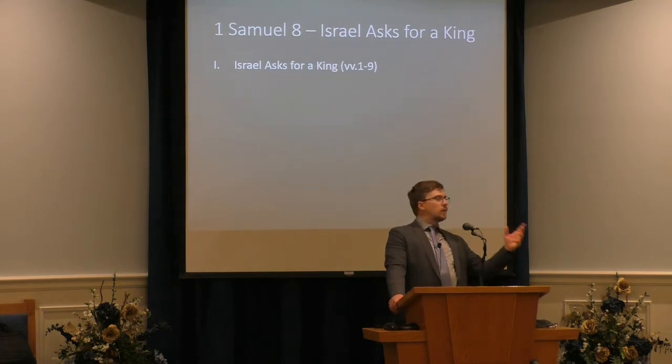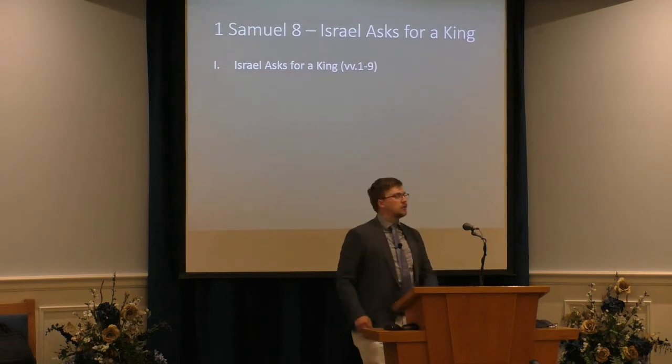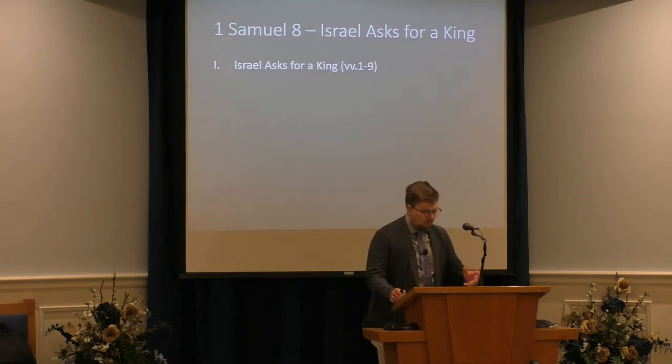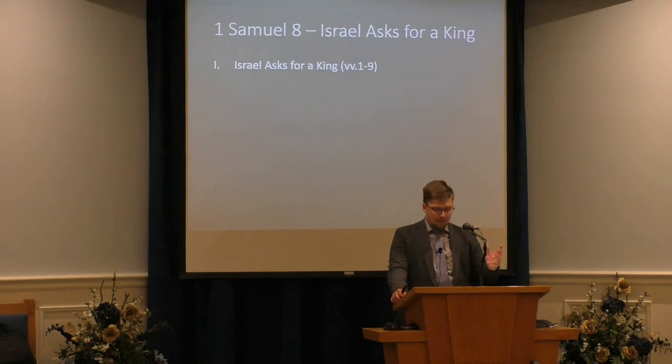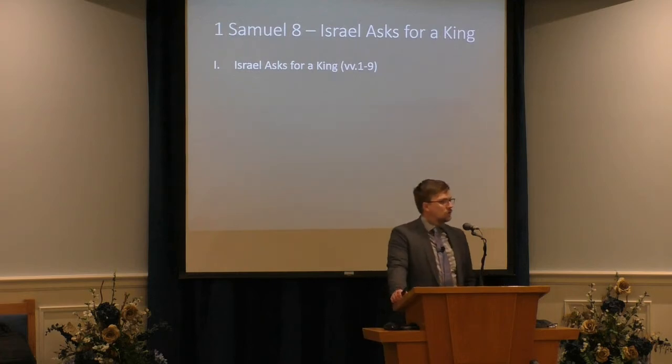Samuel we would uphold as a righteous individual. Samuel's a good man, but here his sons are not good men. They're nothing like their father. Here you have a righteous man in Samuel, but then you have sons that are willing to take bribes, go after dishonest gain, and pervert justice.